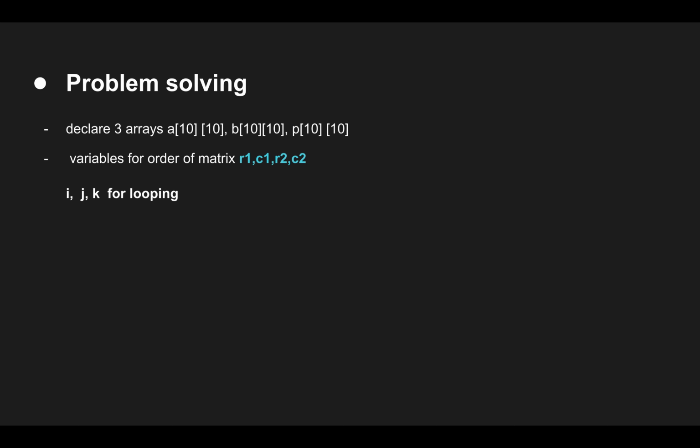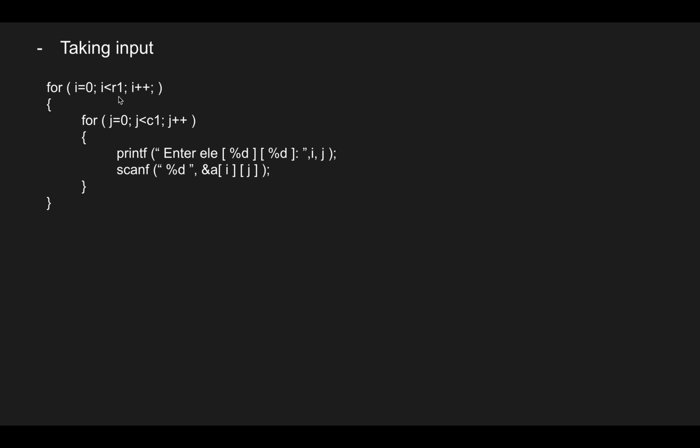So here we'll write this block of code to take the input for the first matrix. Here R1 denotes the total number of rows that our first matrix will have, and C1 represents the total number of columns that our first matrix will have. So the value of i will start from 0 and go up to R1, and after each iteration the value of i will increase.